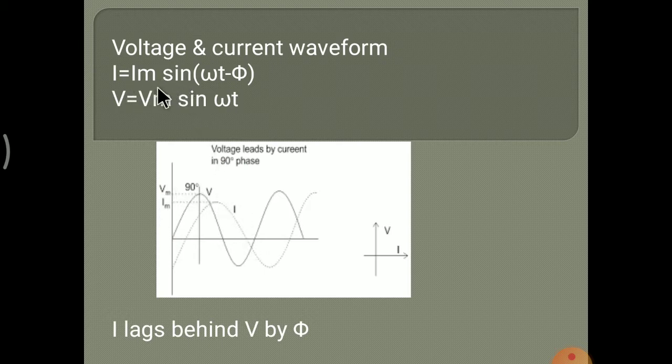So I is equal to Im sin omega t minus phi. Minus phi means a lagging waveform, so there is a minus sign. V is equal to Vm sin omega t. So I lags behind V by angle phi. That is the waveform of the RL parallel circuit.